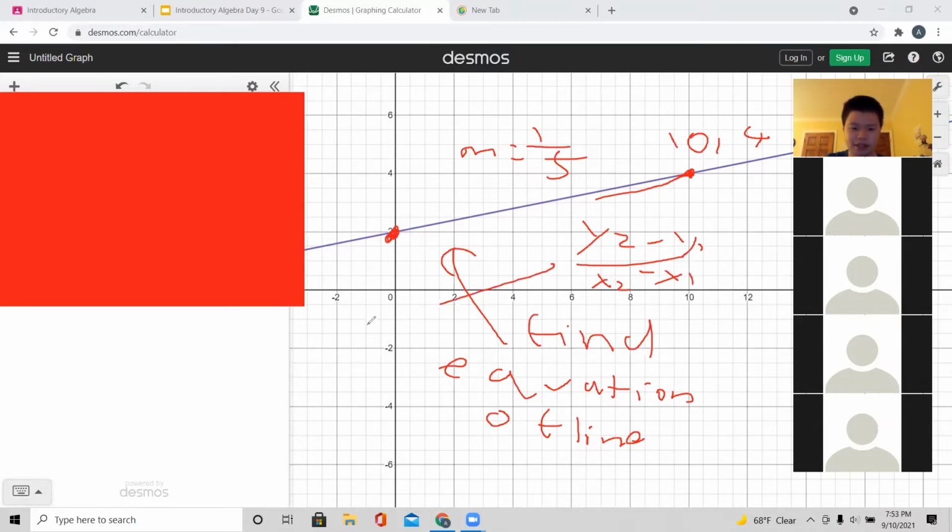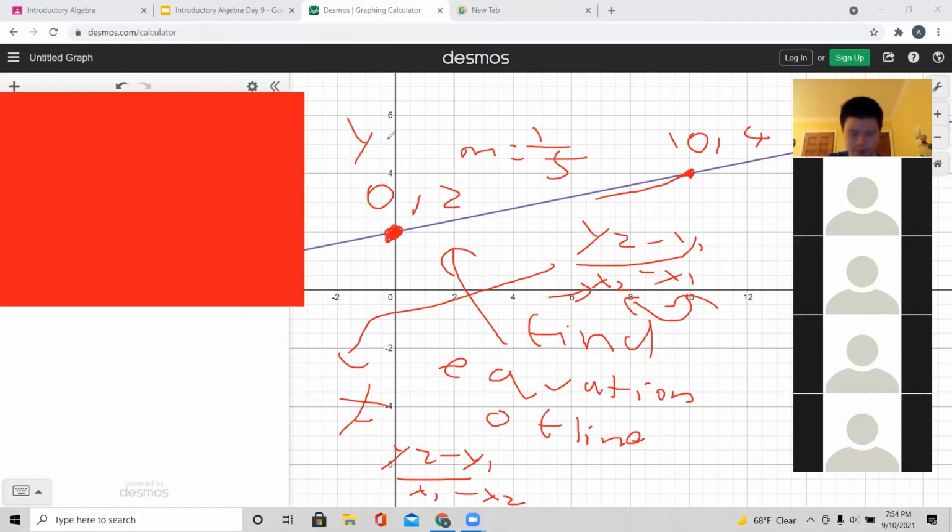This is not equal to y2 minus y1 over x1 minus x2. While you can switch these, it's easier to remember that 2 is on the left. Regardless, the intercept is where it meets the y-axis, which is 2. So we have y equals 1/5 x plus 2.